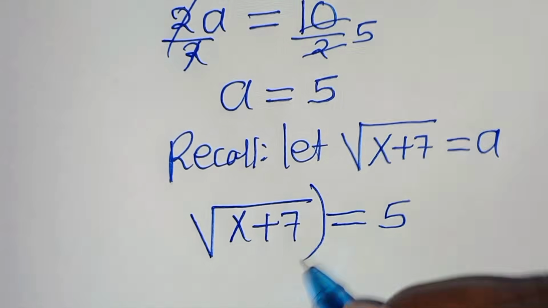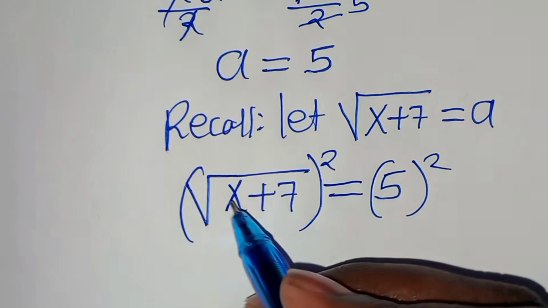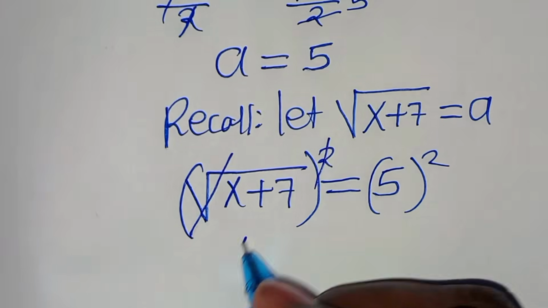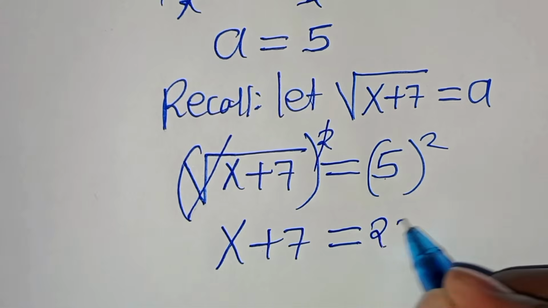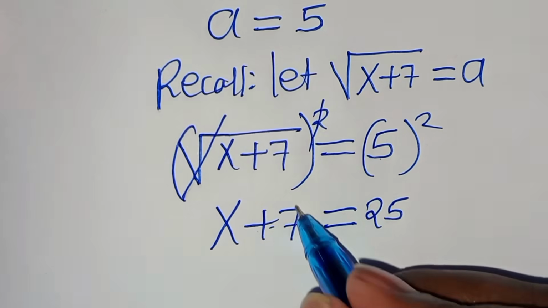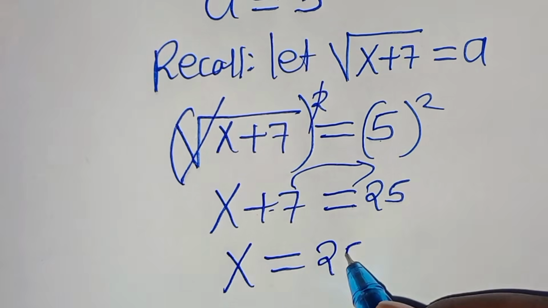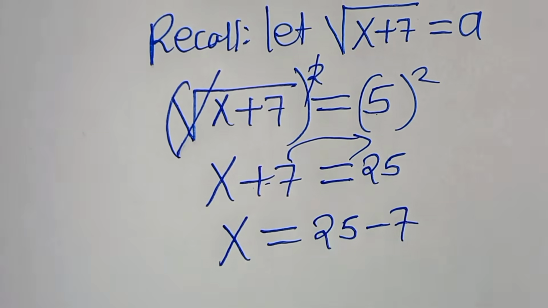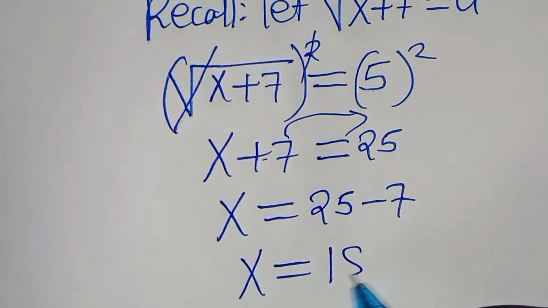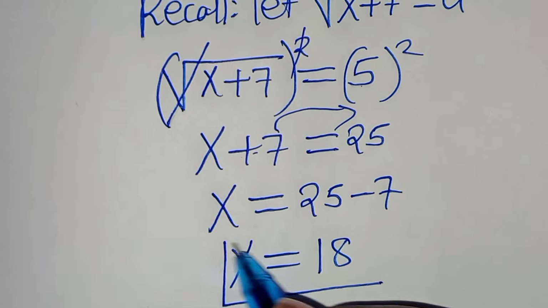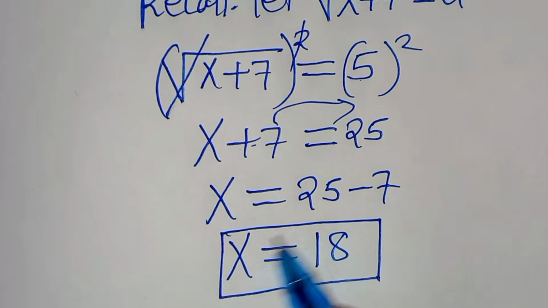Again, let's square both sides to eliminate the square root sign, so that x plus 7 is equal to 5 squared, which is 25. Now let's take plus 7 to the right hand side. This means that x is equal to 25 subtract 7, and x is equal to 18. We have the value of x equal to 18. This is by applying method 1.